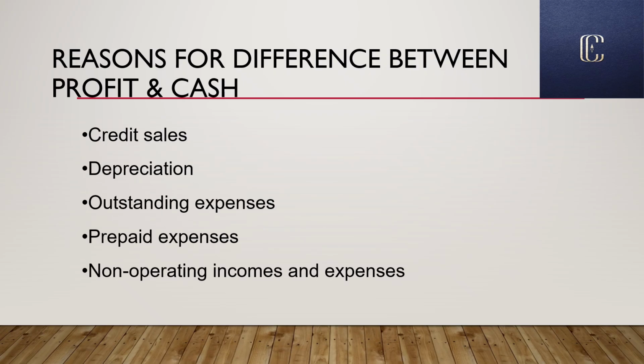Your business shows profit of rupees 1 lakh, but your bank balance is only rupees 5,000. Where did the money go? The answer lies in understanding why profit and cash are different.